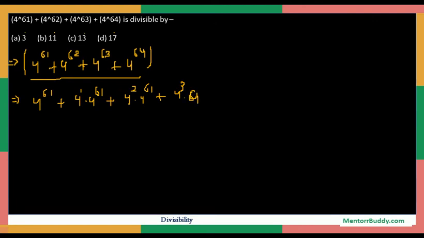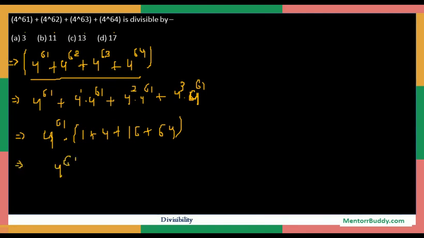Taking this 4 to the power 61 common, this can be written as 1 plus 4 square, which is 16, plus 4 cube, which is 64. Summing them up, it can be written as 4 to the power 61 into 85.